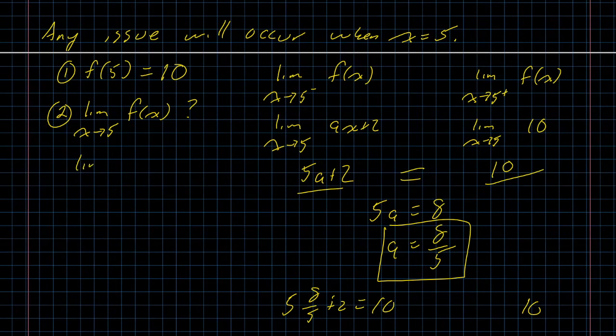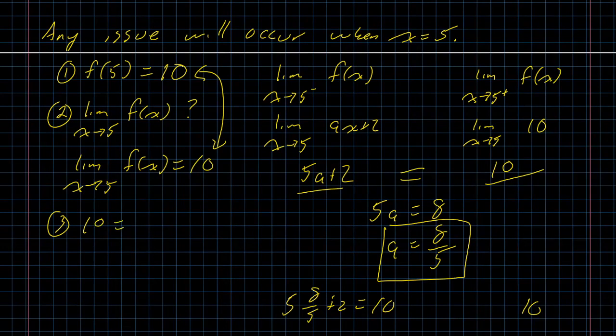So the limit as x approaches 5 of f of x is equal to 10. We get 10 when we evaluate the function. We get 10 when we evaluate the limit. The function is now continuous. And the answer is that the function is continuous when a is equal to 8/5.